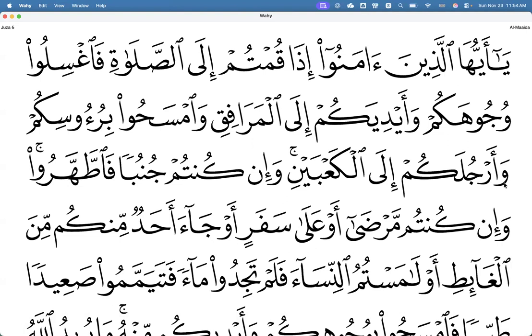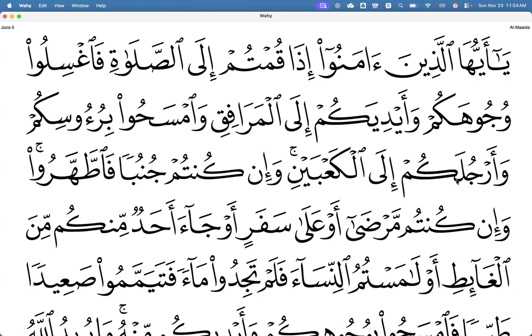Because if this went with the masah, then it would be kasra, right? Wamsahu bi ru'usikum wa arjulikum, because you're doing partially of your heads and your feet. It would be arjulikum, but in the ayah it is arjulakum.